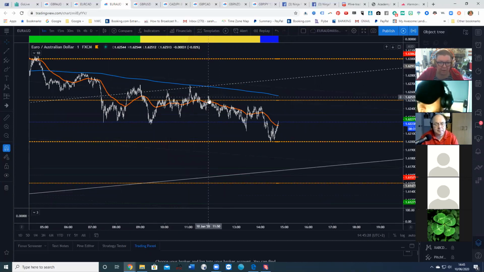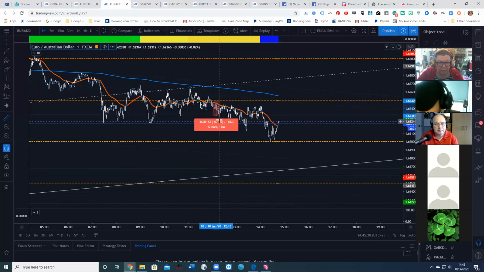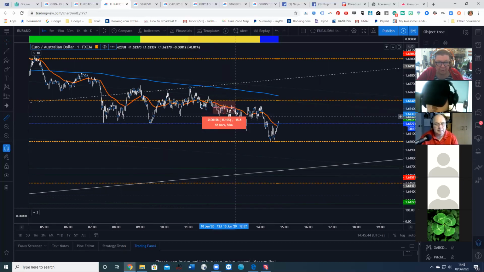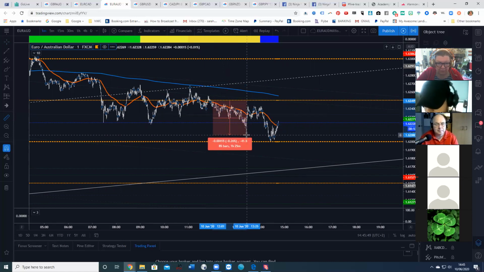It's coming along here, under the 62 there. And then you would have had to have given up quite, that's 20 pips. You would have had to have gone back up, let the 62 hold it. So if you'd held it all the way down and not come out, you would have given up some pips.